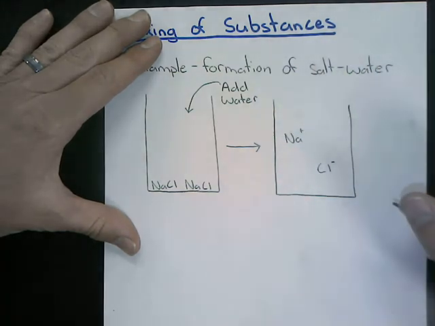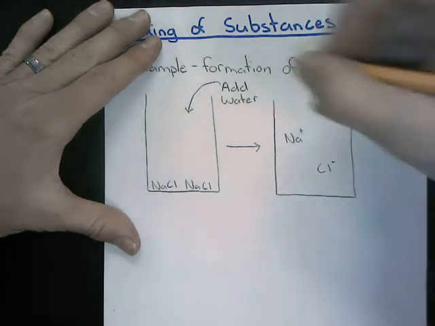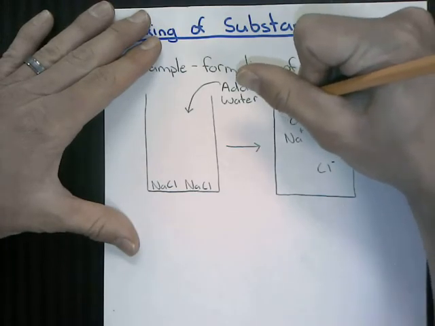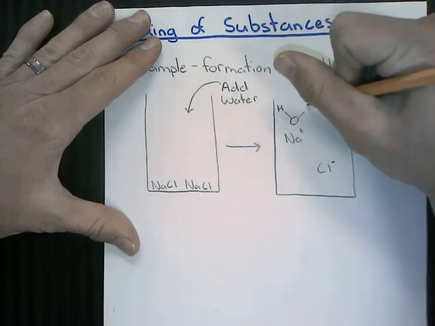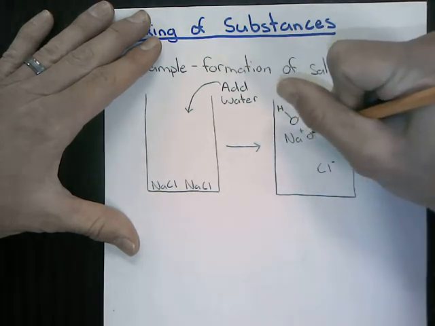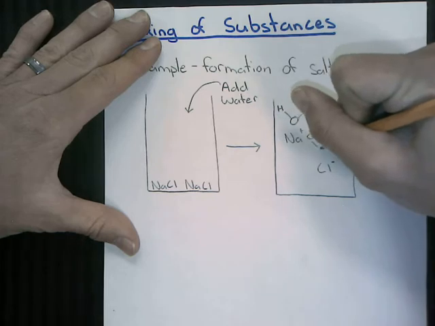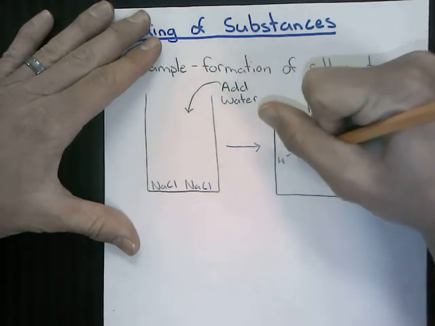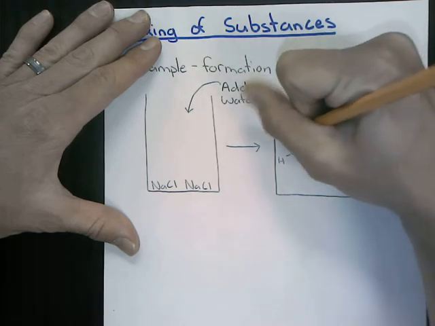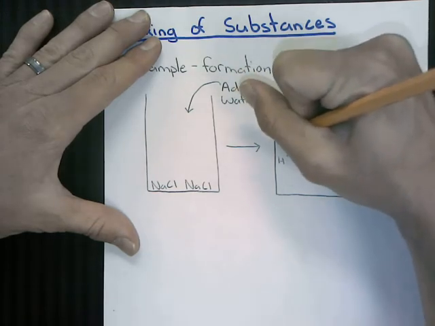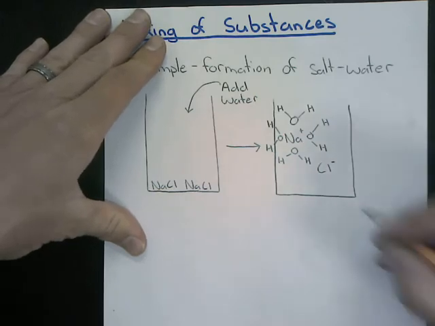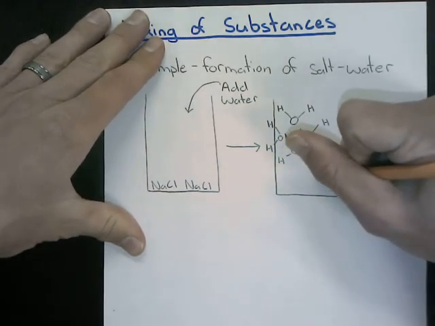These ions break apart because they are surrounded by the polar water molecules. In the case of the sodium, it gets surrounded by the oxygen, which has a partial negative charge, and the chloride, our Cl here, gets surrounded by the H's, which have a partial positive charge.